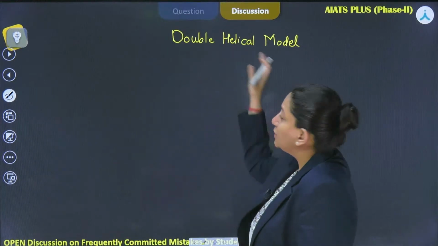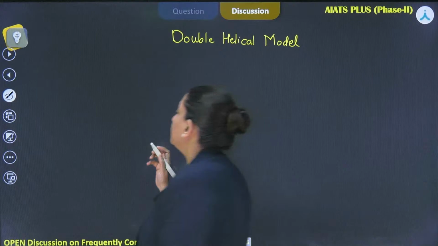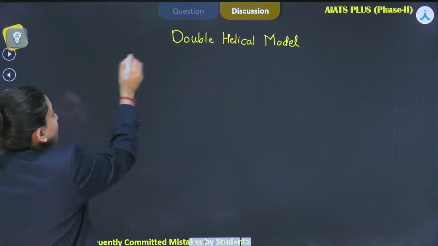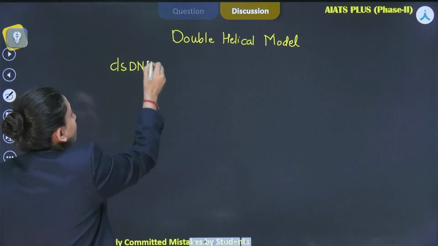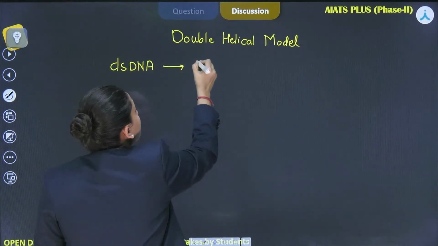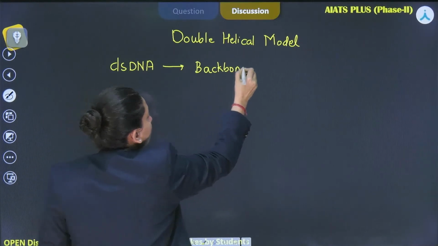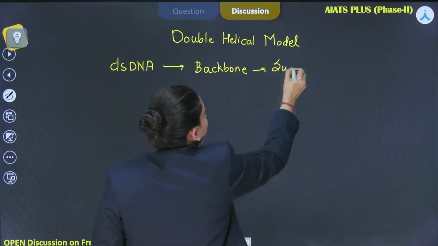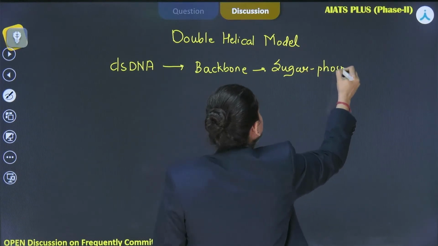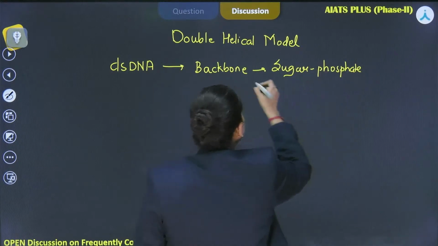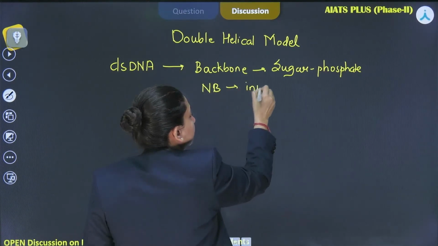According to this model, firstly, for the double-stranded DNA, they said that the backbone is made up of sugar and phosphate, right? And the nitrogenous bases are present inwards to it, right?